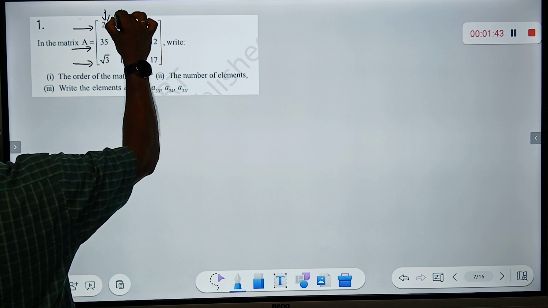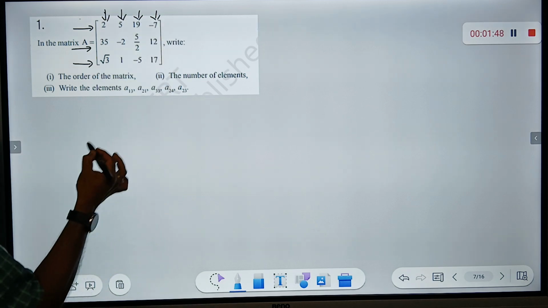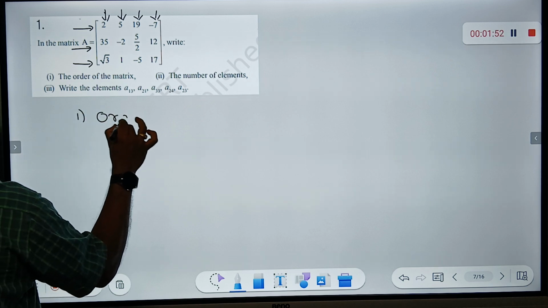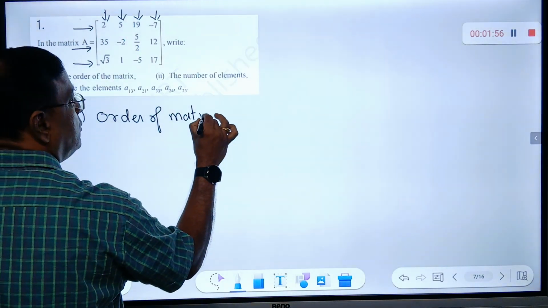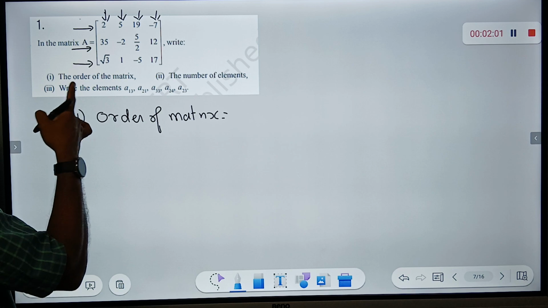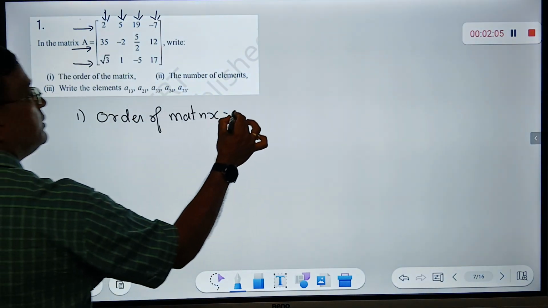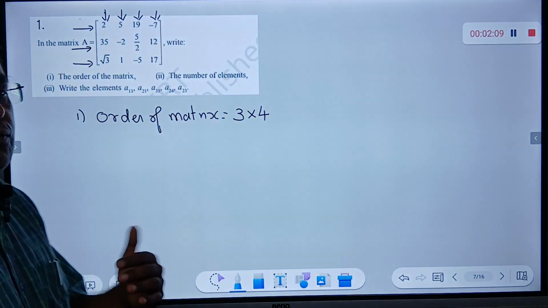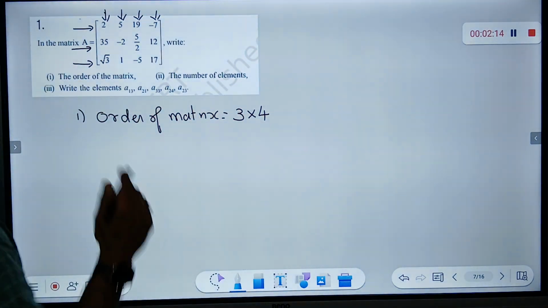So what is the order of the matrix? Is it 2 by 4, 3 by 4 or 4 by 3? It is 3 by 4, because it's number of rows by number of columns.